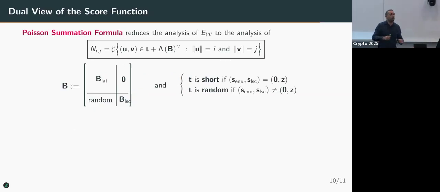And without going too much into the details, the idea of the new approach to analyze dual attacks consists in having a dual vision of the score function by applying the Poisson summation formula, which reduces the analysis of our score function to the analysis of the length enumerator of a coset of a particular lattice that you can perfectly define.